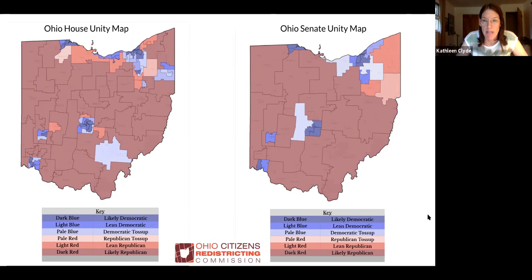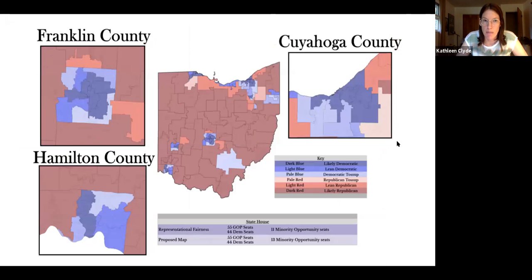I'm not sure if we have the slide that zooms in on the House map. Oh, good, we do. Because the House map is hard to see, we did a zoom in on the 3 counties with the most House districts in them. Of course, those are Franklin, Hamilton, and Cuyahoga County. So if you take a look at how those districts are drawn, again, they meet the requirement of keeping municipalities, townships, and counties together.